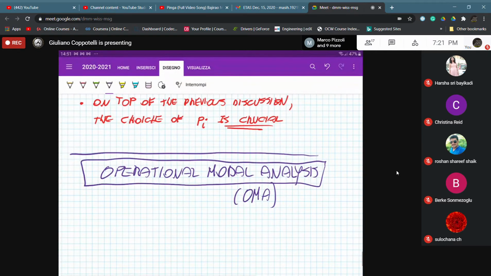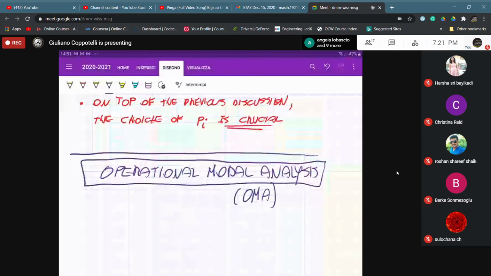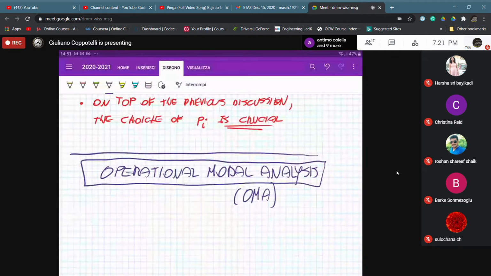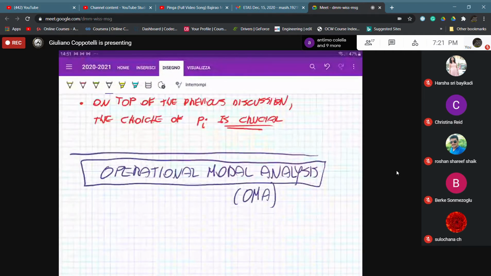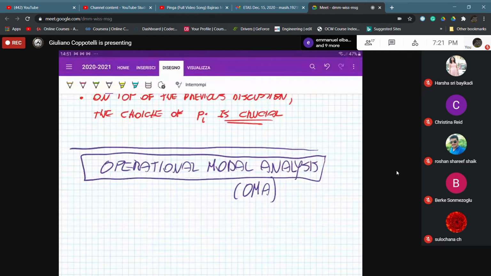Okay, according to your MIMO or SIMO analysis, you can have different configurations. But however, you have to measure both the input and the output, and by knowing that, using the estimating technique that we know, let's say H1 and H2, you are able to have your FRF matrix, and therefore using whatever other estimating technique you can estimate your modal parameters.